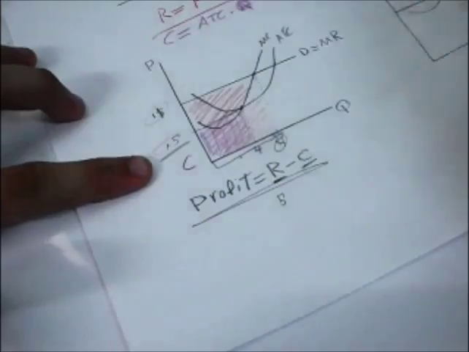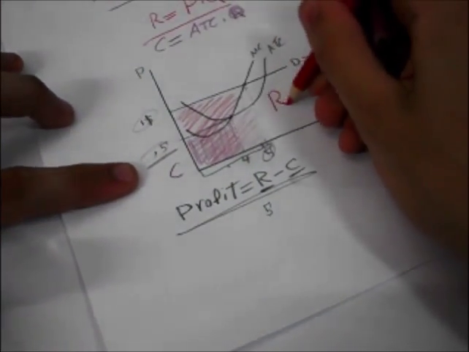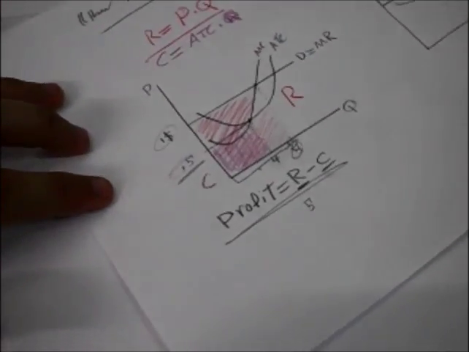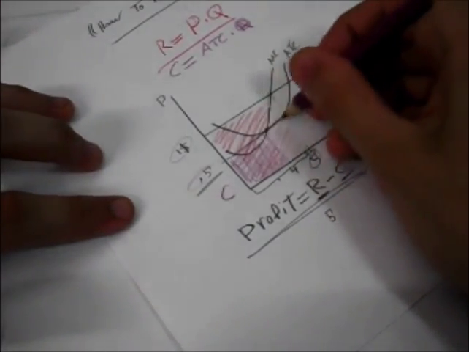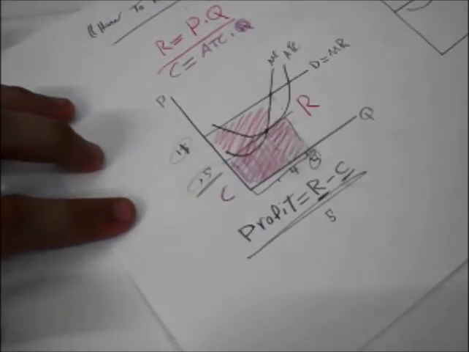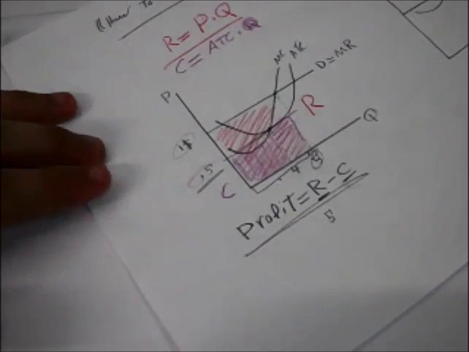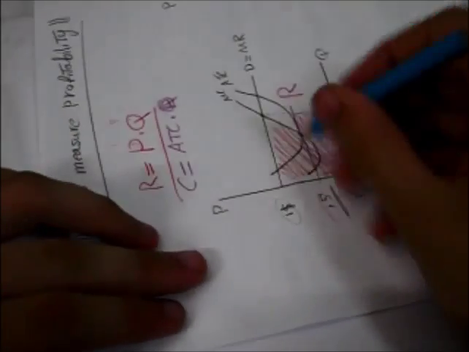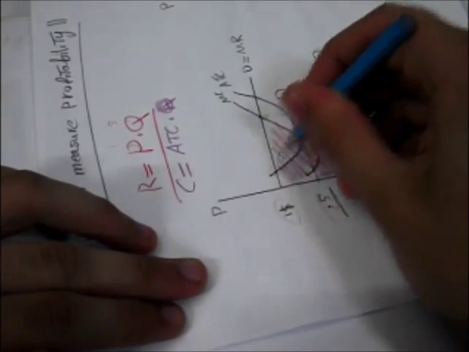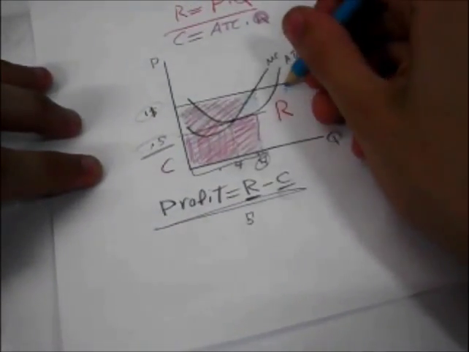This is the cost and this is the revenues. So the difference between them is the profit. Here is the profit, this simple rectangle.